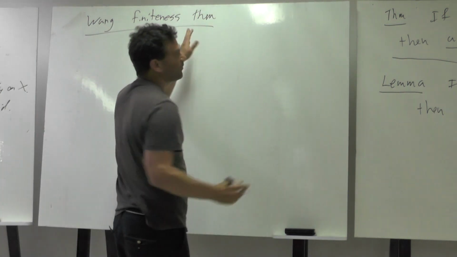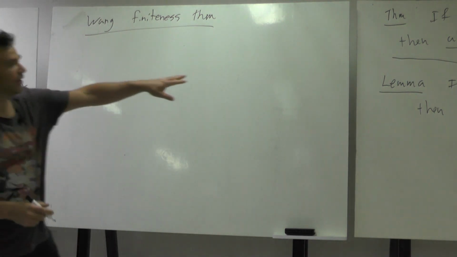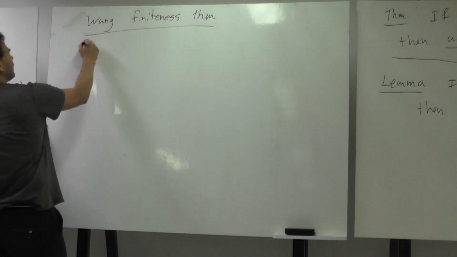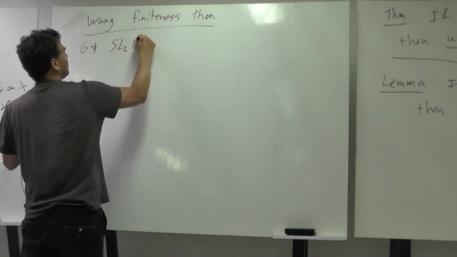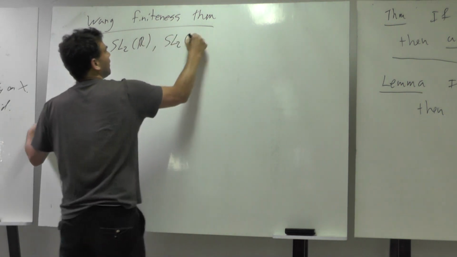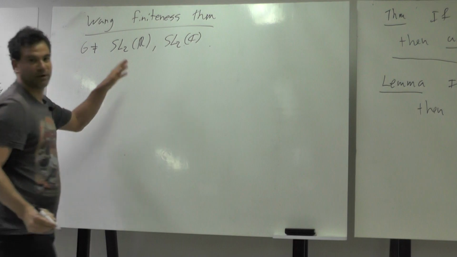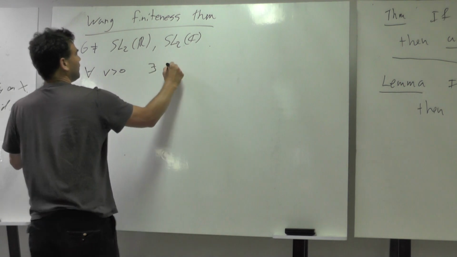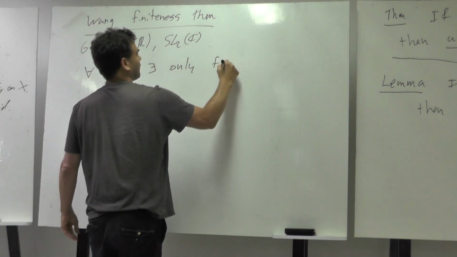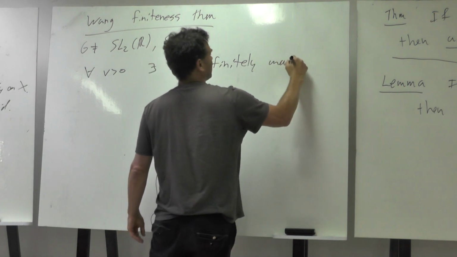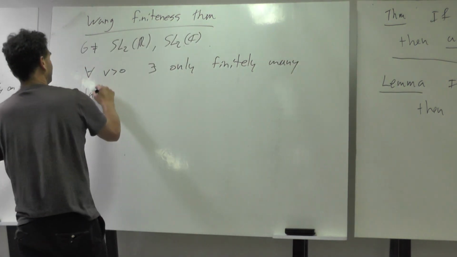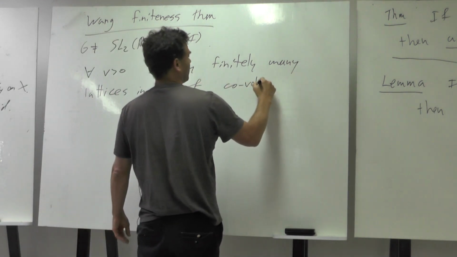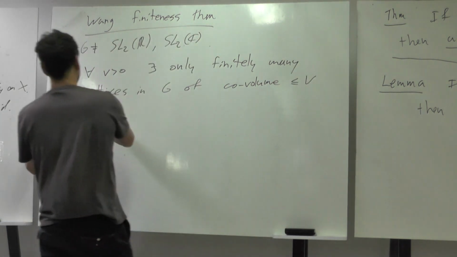These are my two favorite applications of local rigidity: this algebraic thing and the Wang finiteness theorem, which says the following. Again, we assume that G is not SL2(R) and not SL2(C), but it is a simple Lie group. Then for every V, there are only finitely many lattices in G of covolume bounded by V up to conjugation.